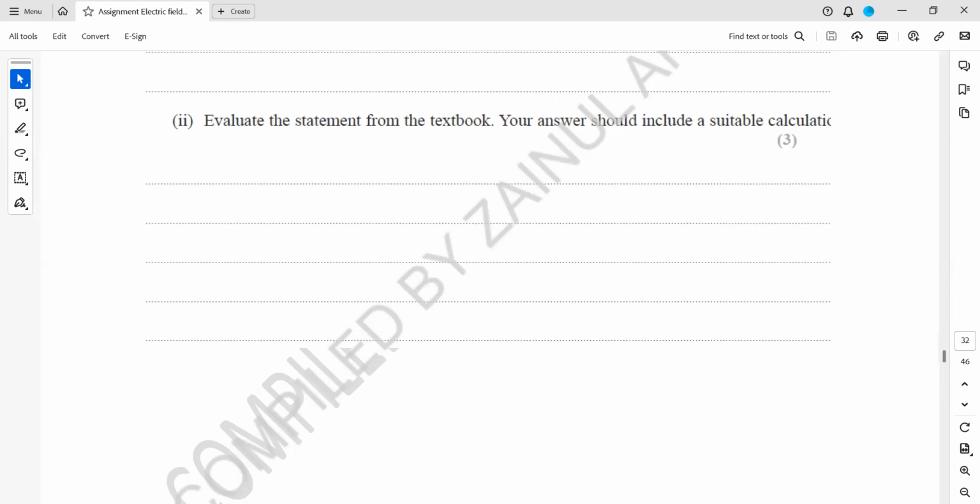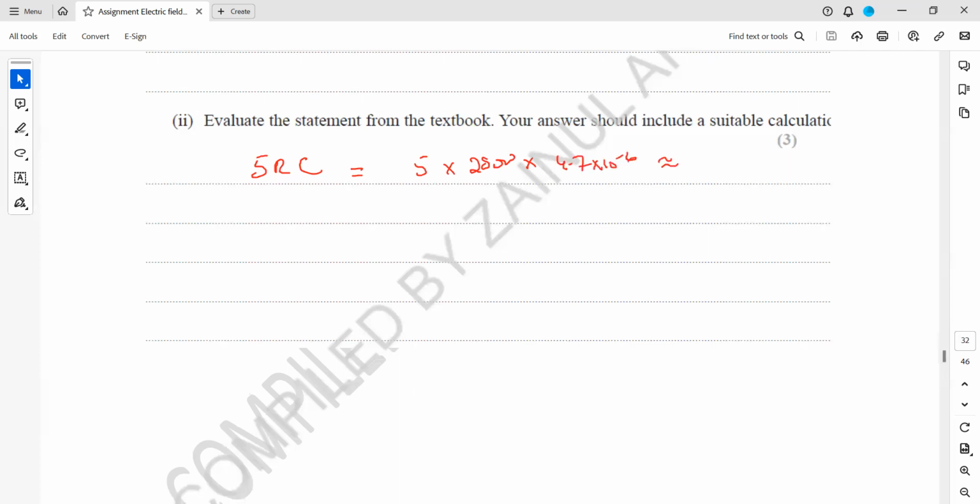So when we work out 5 times RC, so 5 multiplied by the resistance, which is 28,000, multiplied by the capacitance of this capacitor, which was 4.7 into 10 to the power minus 6.